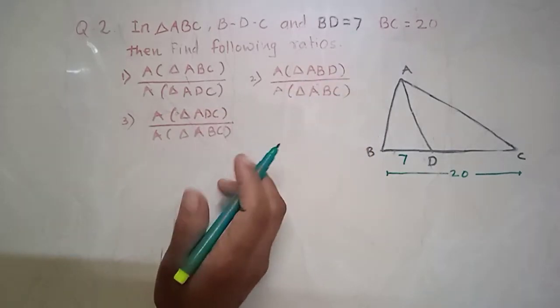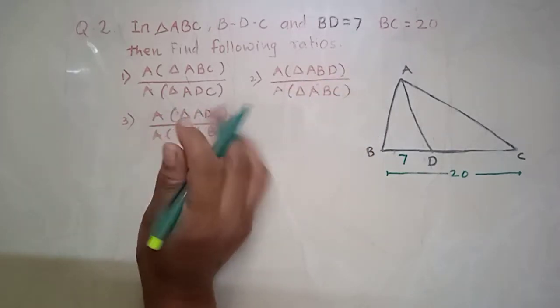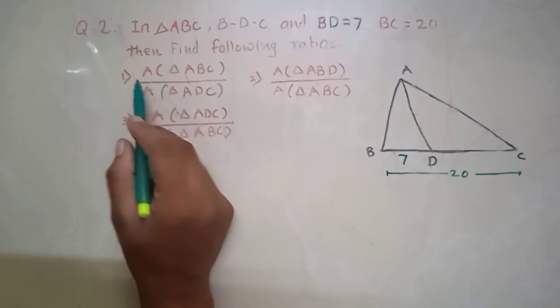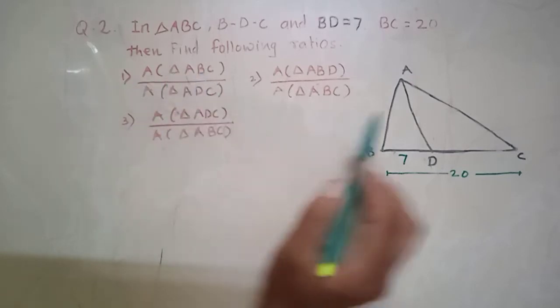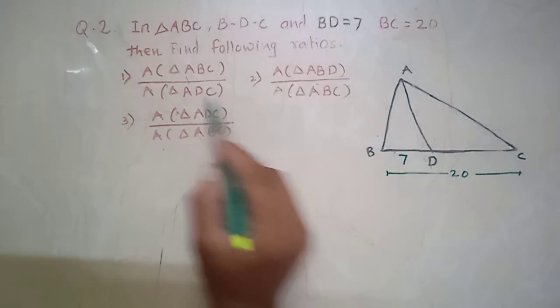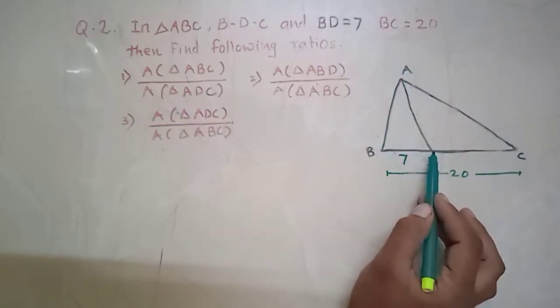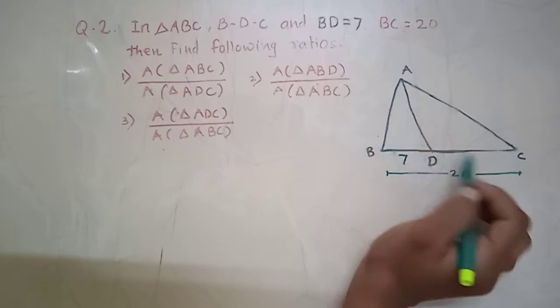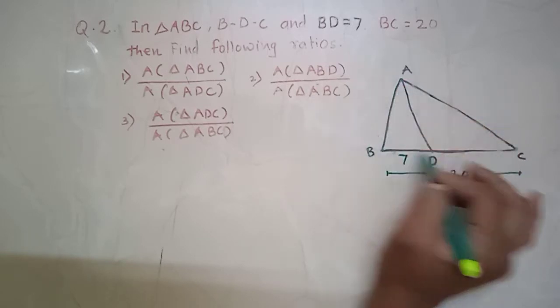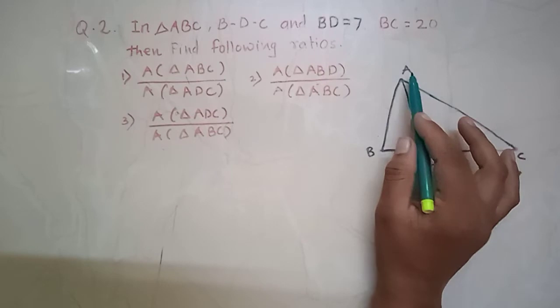Then we have to find the ratios of areas of triangles. First, the area of triangle ABC upon triangle ADC, meaning first we have to find the area of the big triangle and this medium triangle ADC.